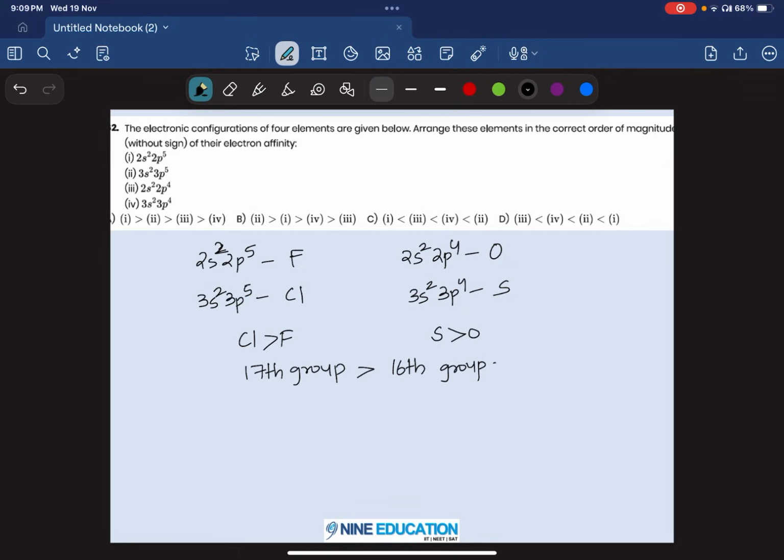Why is 17th group electron affinity more? Because only 17th group elements need one electron to fulfill their octet. So their electron affinity values, if we are not considering the sign, will be more than the 16th group elements. So the order would be chlorine greater than fluorine, greater than sulfur, greater than oxygen. So the answer is option B, 2 greater than 1, then 4 greater than 3. That is the answer, option B.